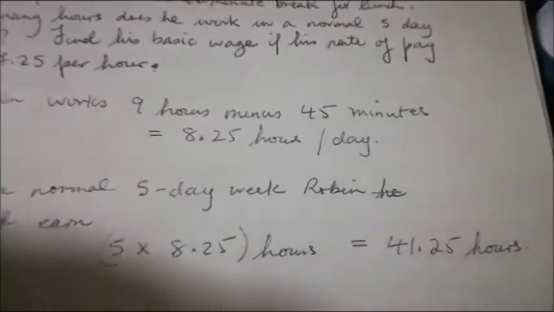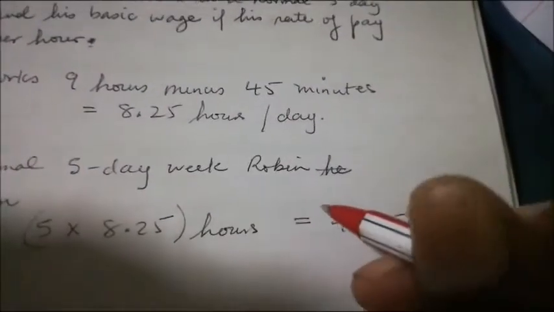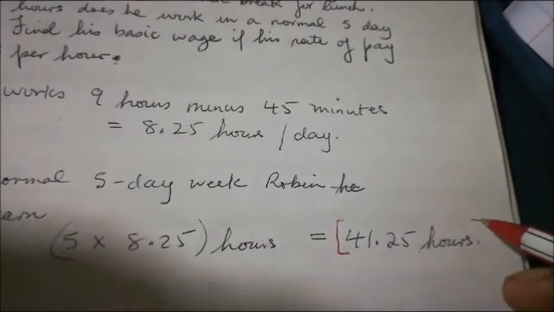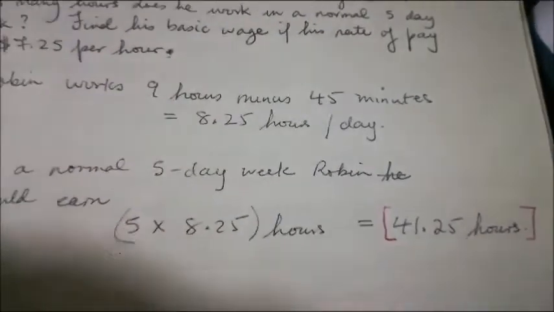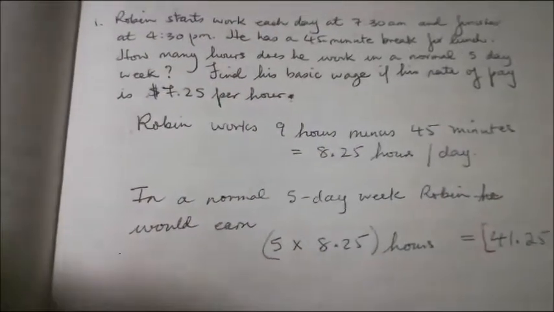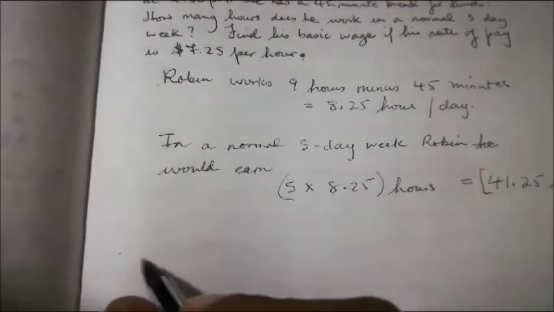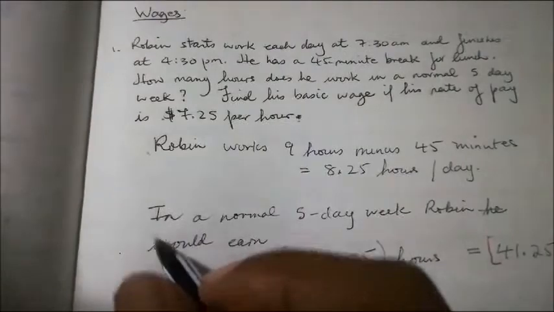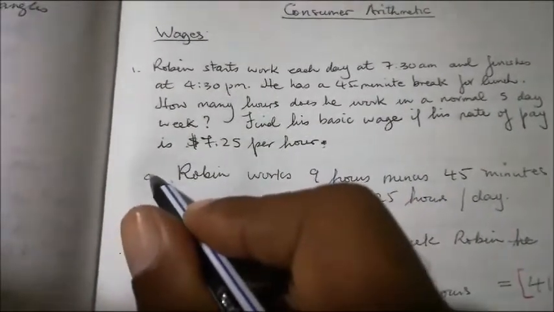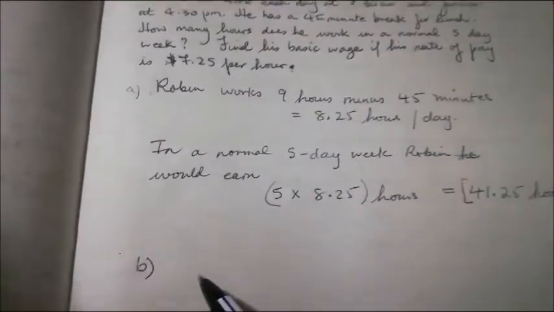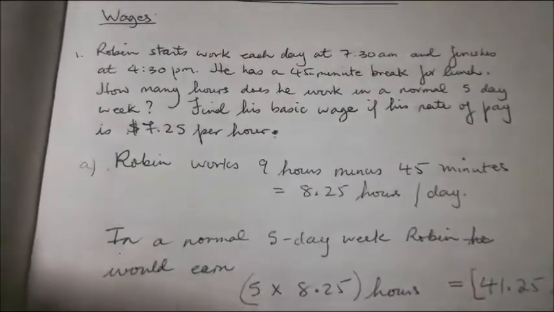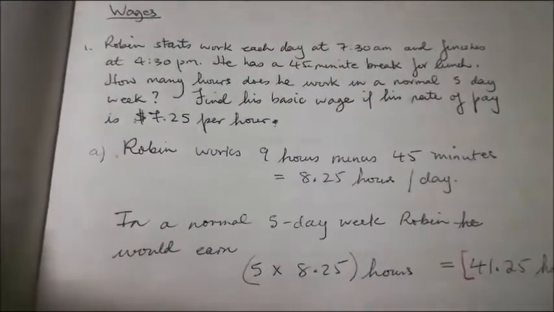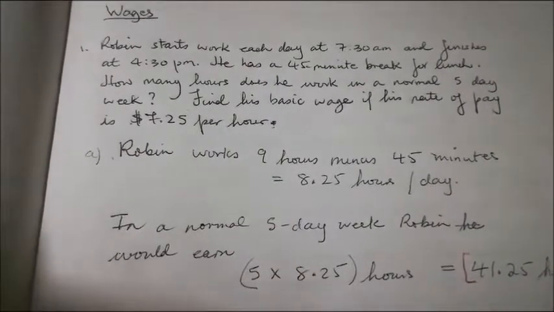So the first part of the question has been determined, right? So that will be the first part of the question. Now the second part of the question, which we can call B, might have been A. It's now asking, find his basic wage if his rate of pay is $7.25.